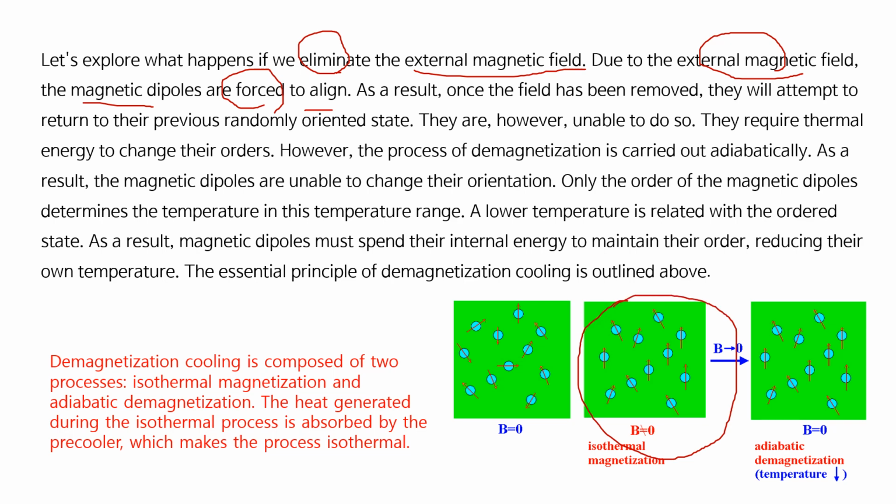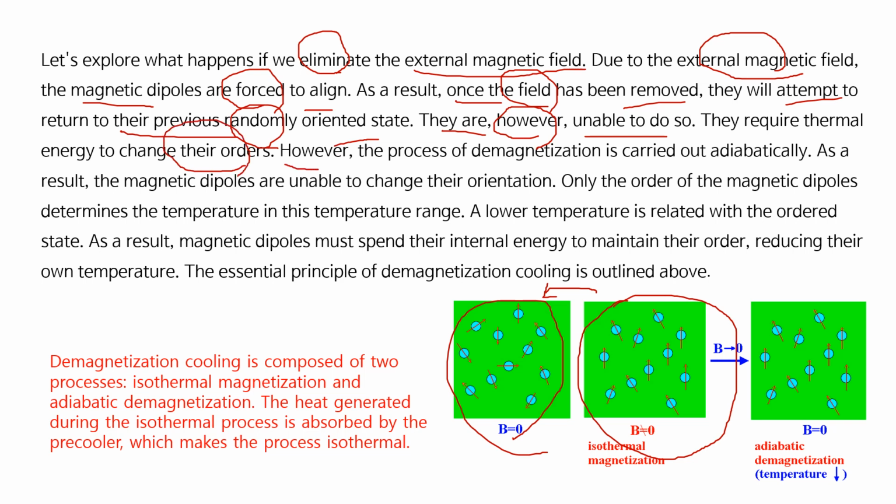As a result, once the field has been removed, they will attempt to return to their previous randomly oriented state. However, they are unable to do so. They require thermal energy to change their orders.